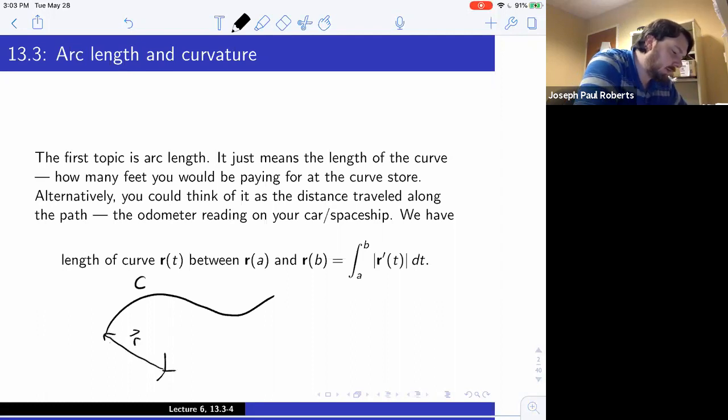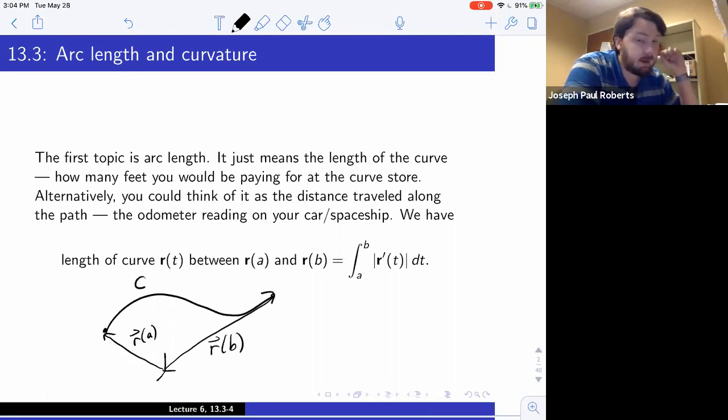Position vector just means it's starting at the origin. So our starting point here has position vector r of a. Our ending point here has position vector r of b. And the length of this curve here, however long you travel along the curve, that's your arc length.